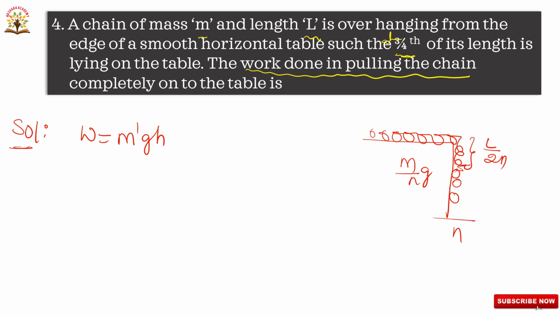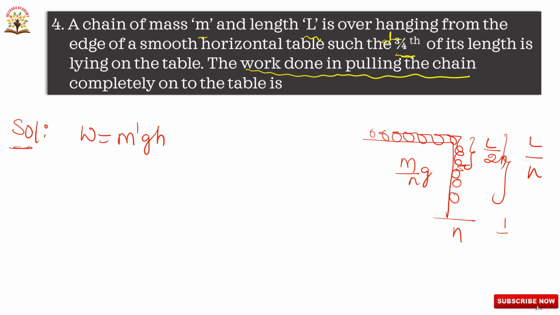Here the complete length is L, and L by n, 1 by 4th is hanging. The smooth horizontal table is such that 3 by 4th of its length is lying on the table. Only 3 by 4th, so the remaining part is 1 by 4th.